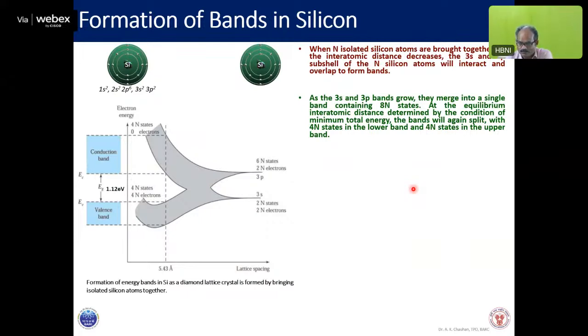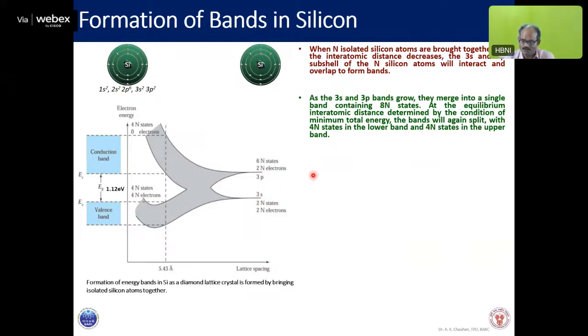When we studied it, we considered a single level, and when we brought all of them together, we saw that a single level had split into n levels. When we bring n silicon atoms together, this is also some level, these are also some levels. So all these states are there. These are quantum mechanical states, so these states exist.